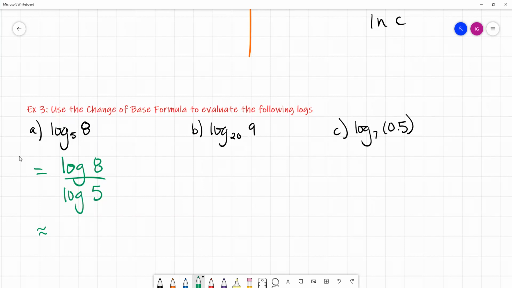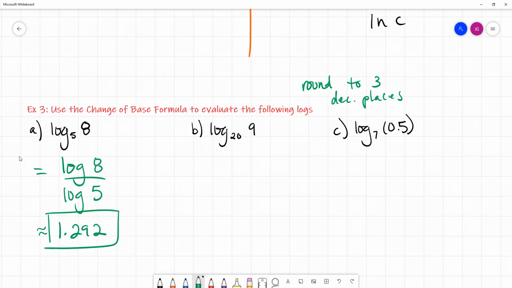Log of 8 divided by log of 5 is equal to, let's do 3. I forgot to tell you, round to 3 decimal places. So from here we get 1.292. 1.292 is our answer, and this is the value of this logarithm.